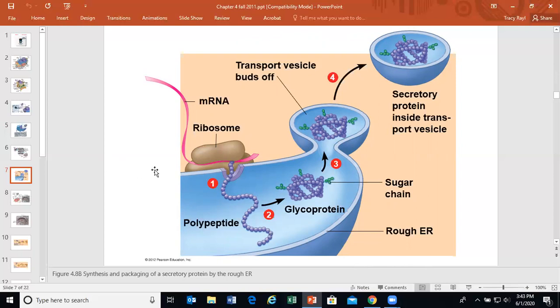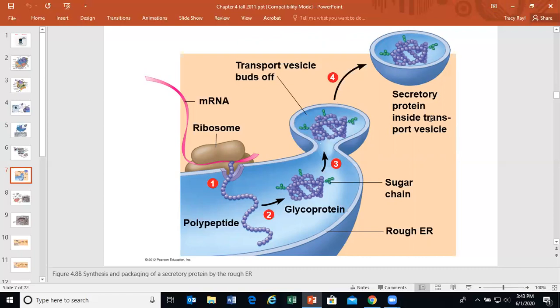When the products are made in the rough ER, so proteins, and then in the smooth ER, lipids, those products, like this glycoprotein here, have to be transported to their next destination within the cell. So a piece of the endoplasmic reticulum is literally pinched off around that product, like a little balloon, a little plasma membrane sac.